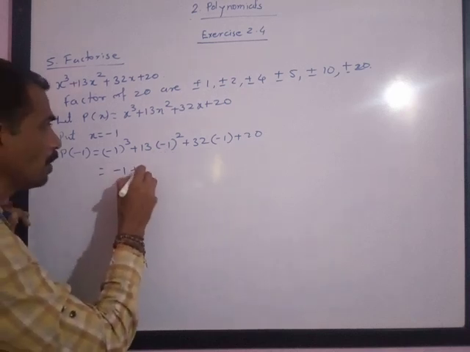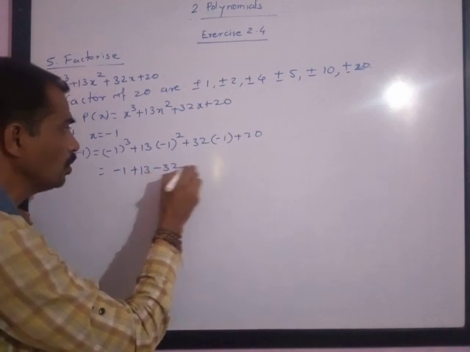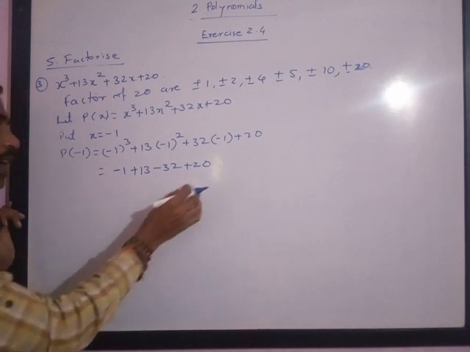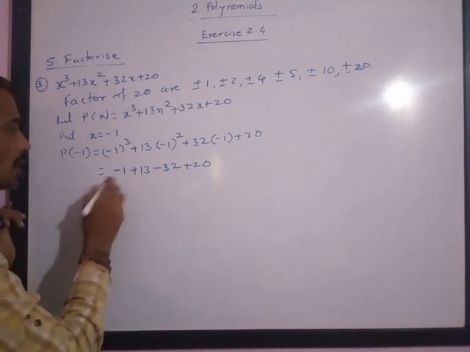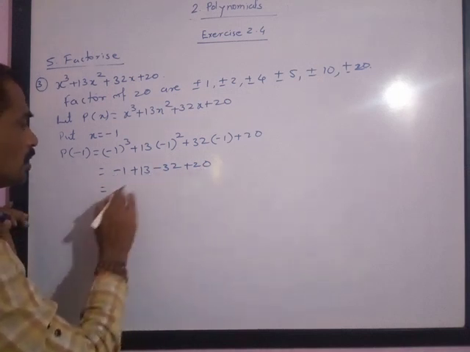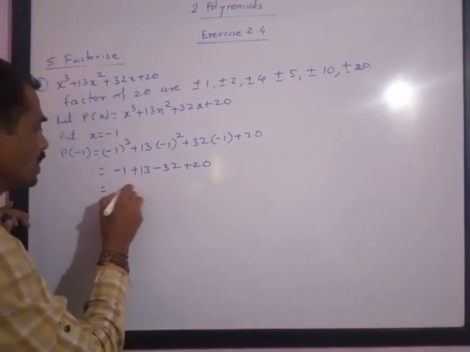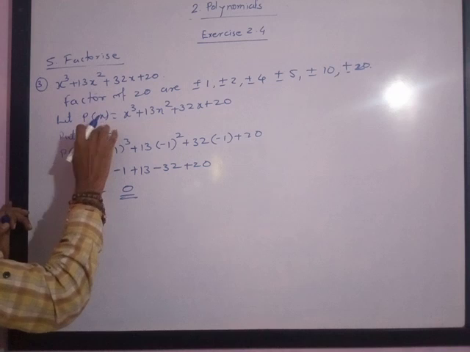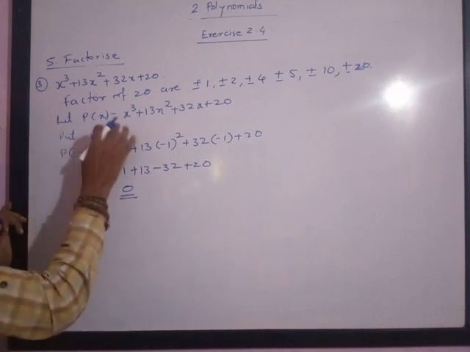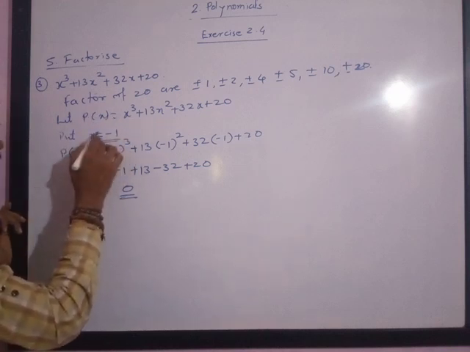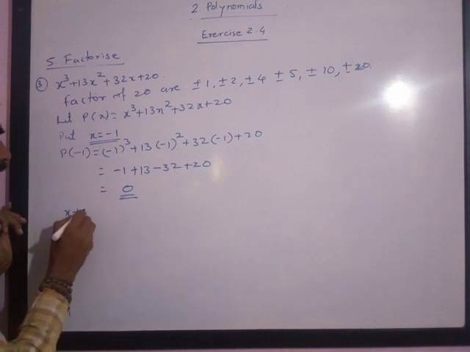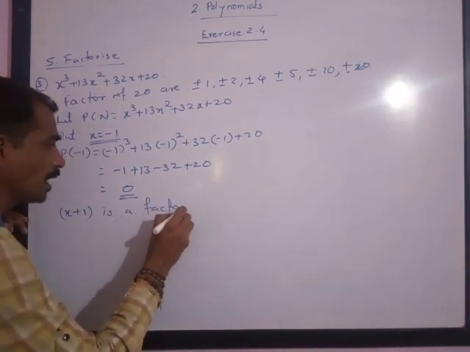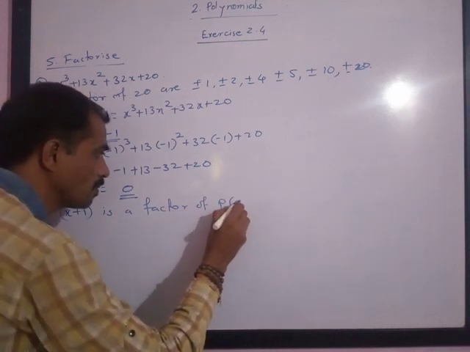So this will be plus 13 minus 32 plus 20. 13 plus 20 is 33, minus 1 minus 32 is minus 33, so this answer is 0. It means x equal to minus 1 is a zero. Please note, we have put x equal to minus 1, it means x plus 1 is a factor of p of x.